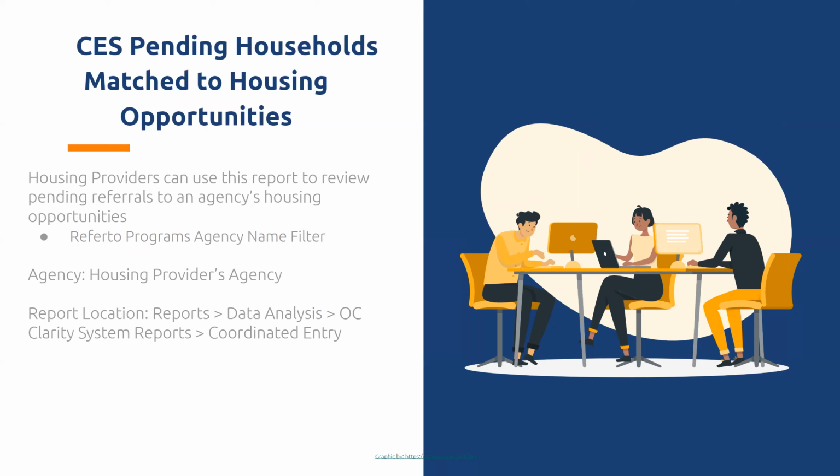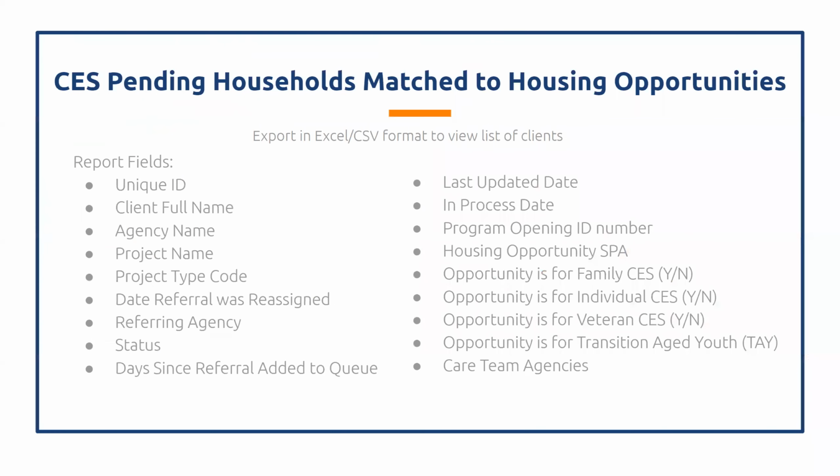This report may also be found by going to the Data Analysis tab under the OC Clarity System Reports in the Coordinated Entry section. Next screen, please. Data results can also be downloaded in Excel and CSV format.